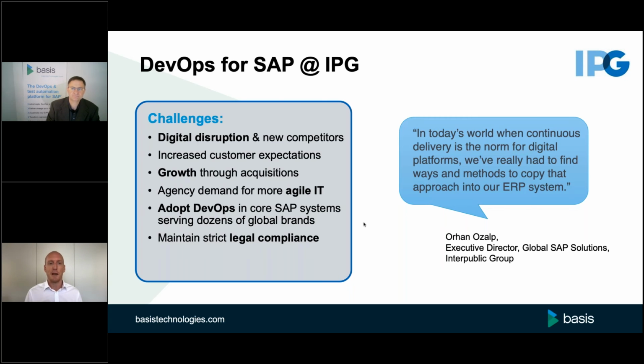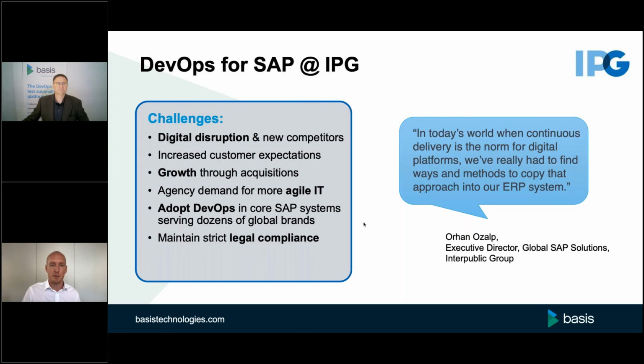So they were really challenged to respond to the needs of those different parts of the business more quickly and effectively. As you can see here, they had this agency demand for more agile IT, whilst maintaining that strict legal compliance, not so much about security, but certainly that legal compliance in this aspect that they needed, and they adopted DevOps in SAP to help them do that.